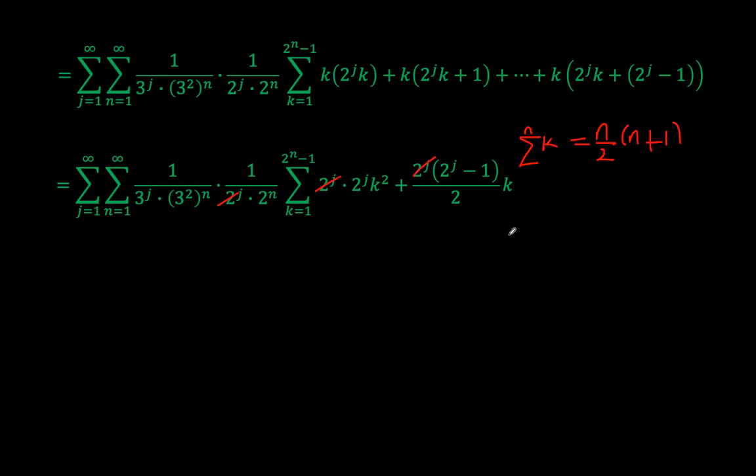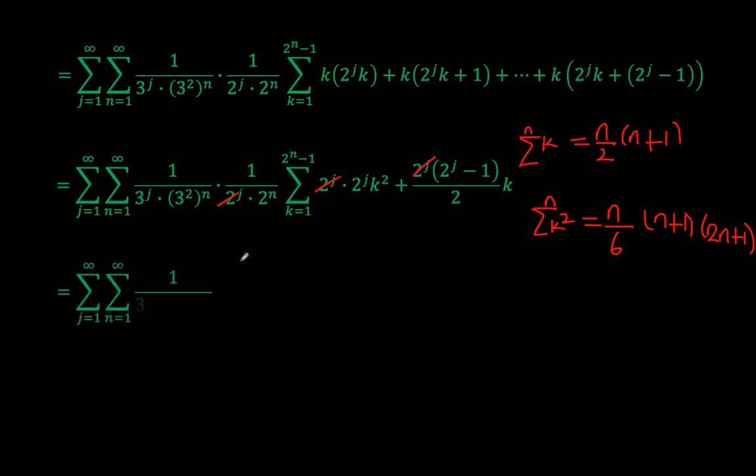And now knowing that the summation of k squared to n is equal to n over 6 times n plus 1 times 2n plus 1, we can apply that for this, and we can also use again this for that with respect to 2^n minus 1 as our upper limit.